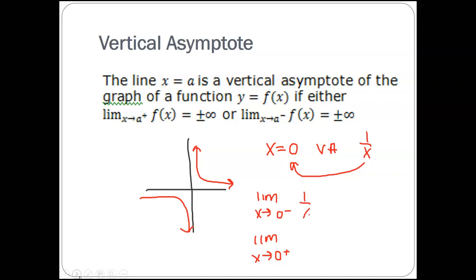So in this case, if you look at the limit as x approaches 0 from the left, so that's approaching this way, where's my graph going? Well, it's going down and down and down. So the limit as x approaches 0 from the left is negative infinity.